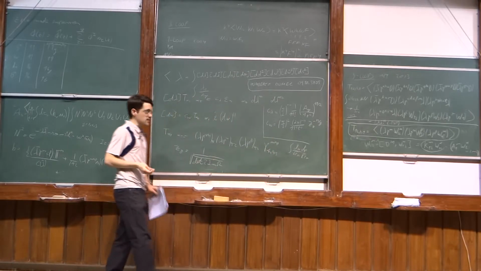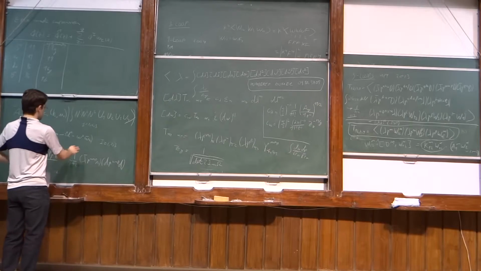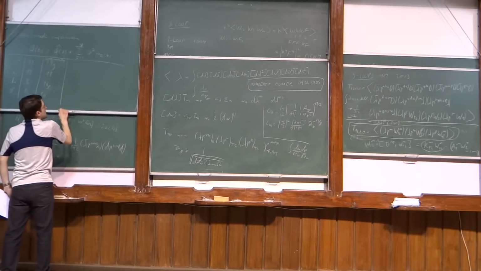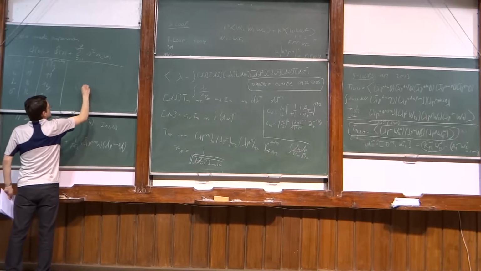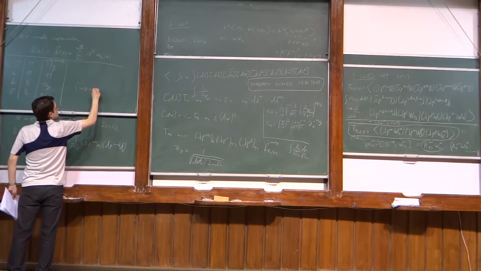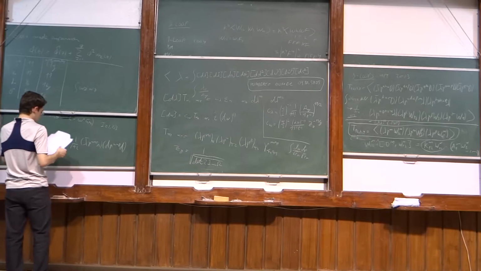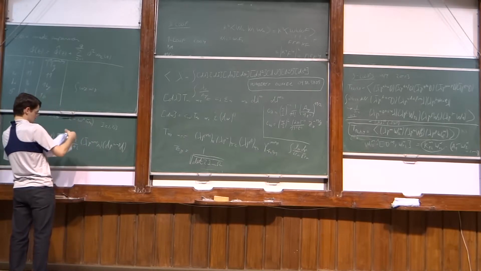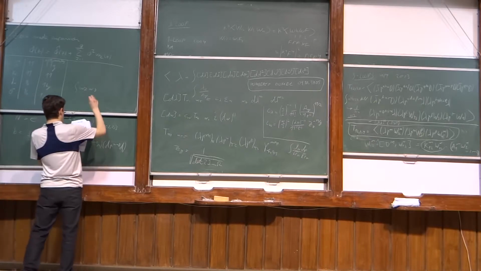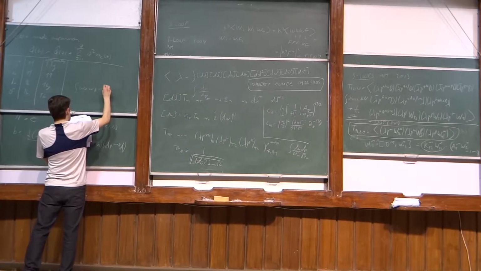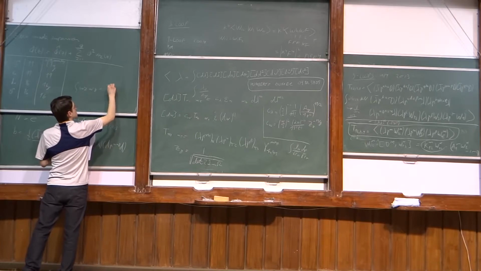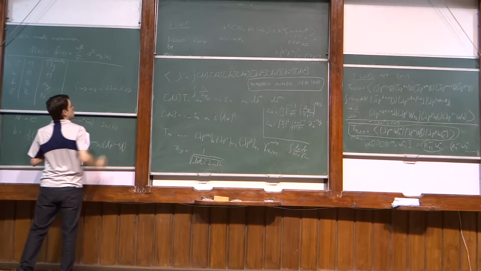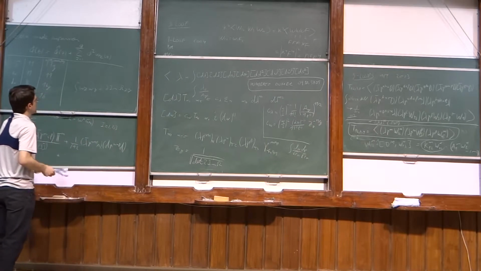So it's expanded in the holomorphic one forms, and for the holomorphic one forms there is this formula that, when you integrate it over the surface, gives you 2 times the imaginary part of the period matrix.